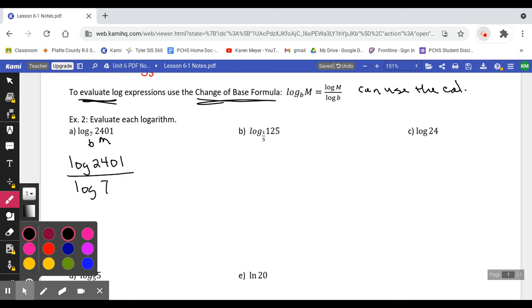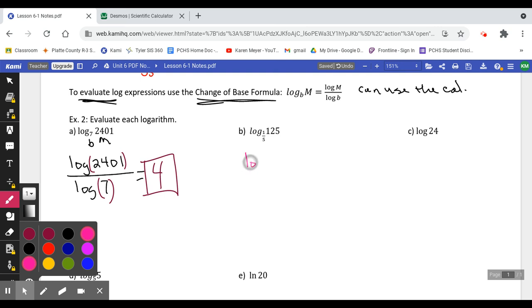Sometimes they're going to come out to be nice, neat answers, and sometimes they're going to be decimals. If you have any questions about typing in your calculator, make sure that you let me know. When I type this in, you do have to make sure that you close the parentheses, especially on the top. It gets a little picky if you don't. But I came up with a nice, neat number of 4.